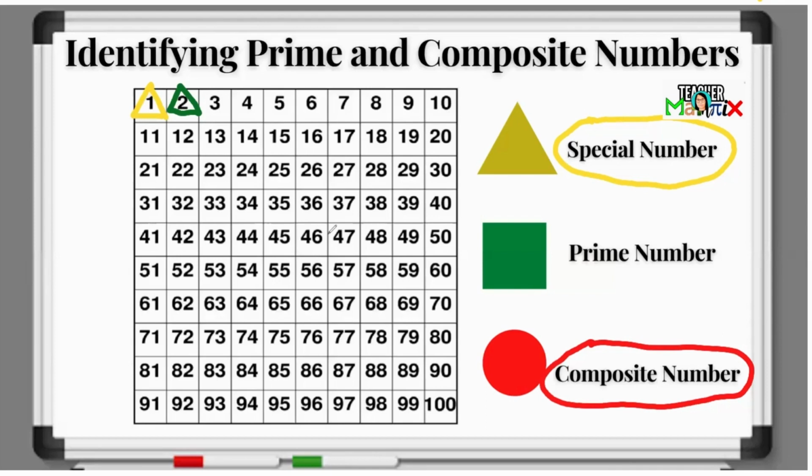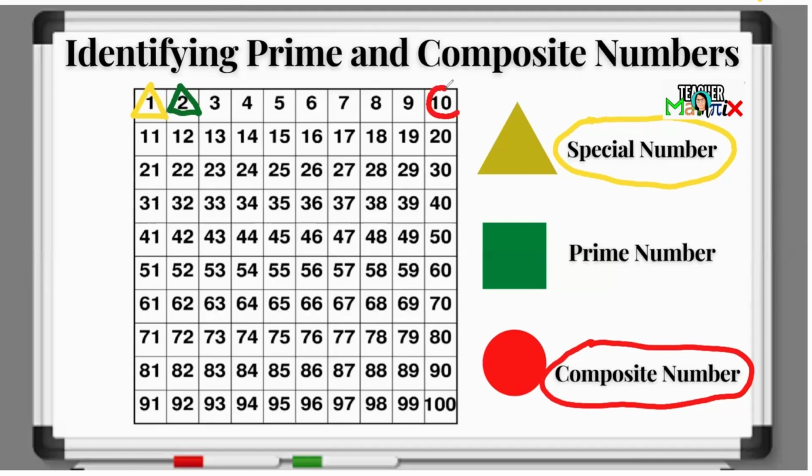Okay, let us continue with composite numbers. Let's identify those 0 digit that is in ones place.